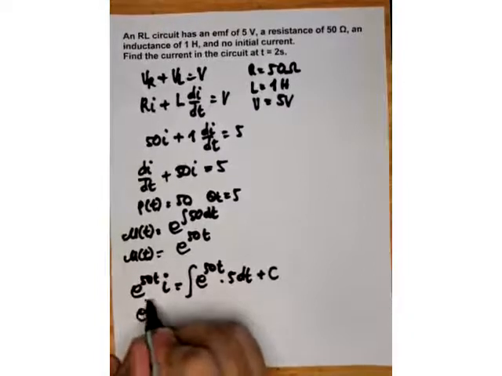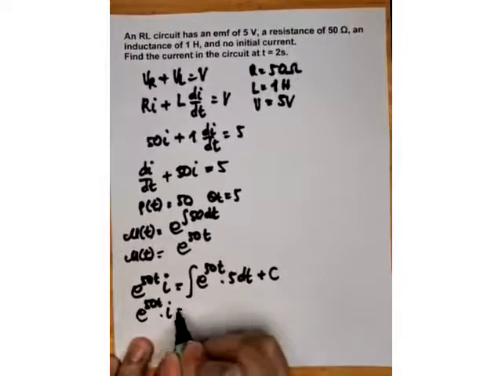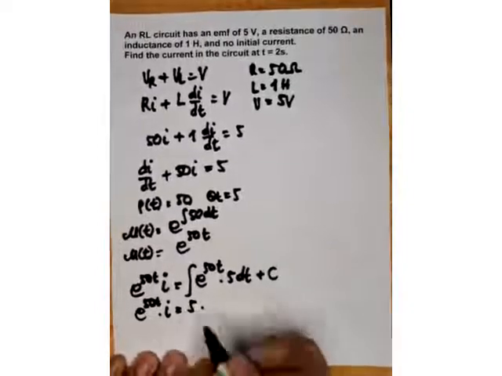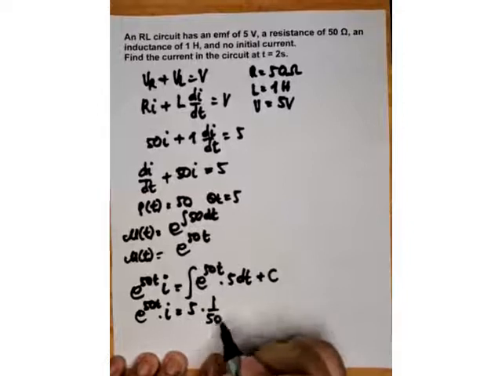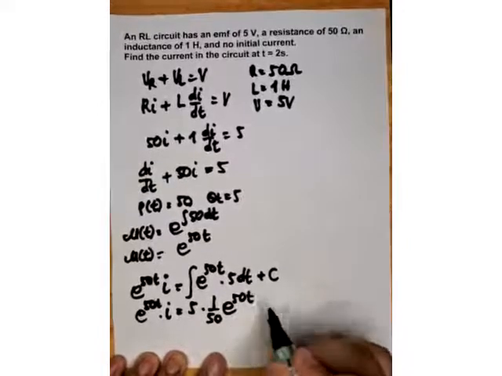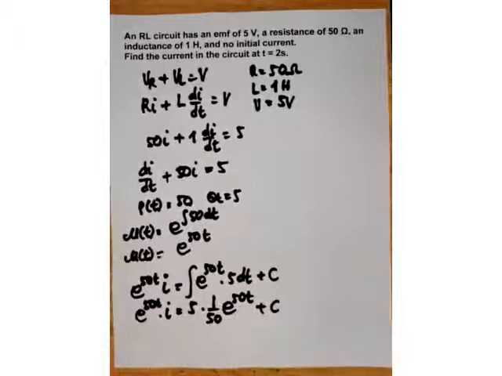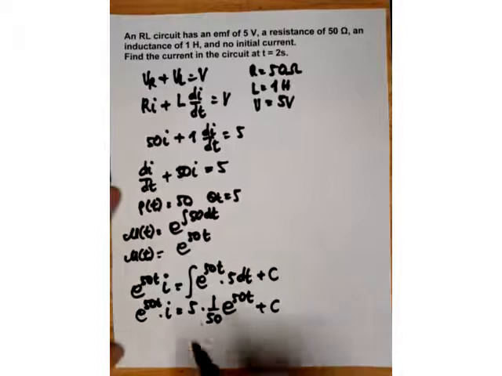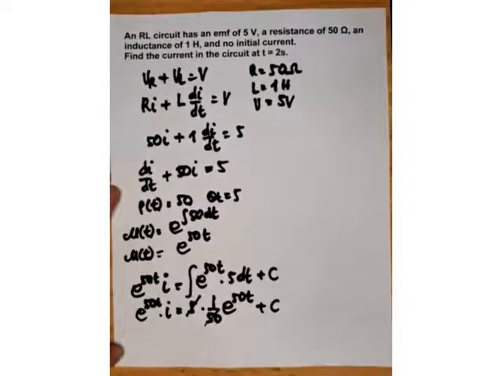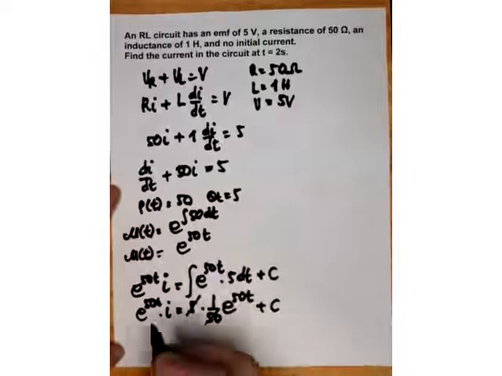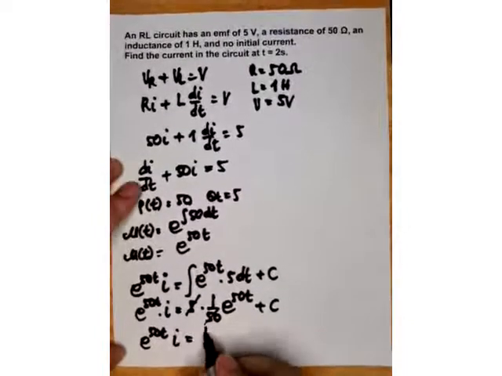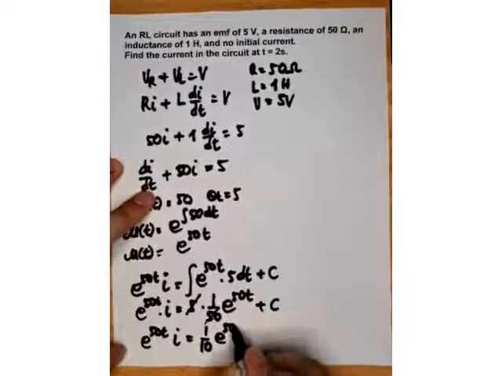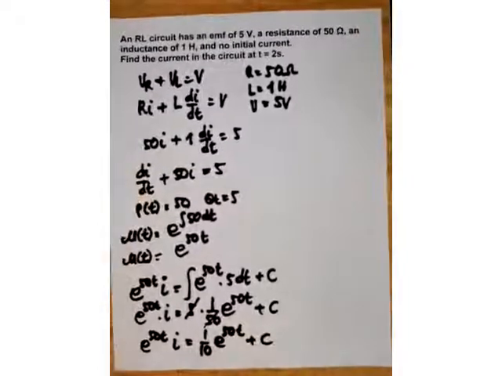So e raised to 50t times i is equal to 5 times, anong integral ng e raised to 50t? 1 over 50 e raised to 50t plus C. Simplify natin. Ito mga cancel, magiging na lang 1 over 10. So e raised to 50t i is equal to 1 over 10 e raised to 50t plus C.